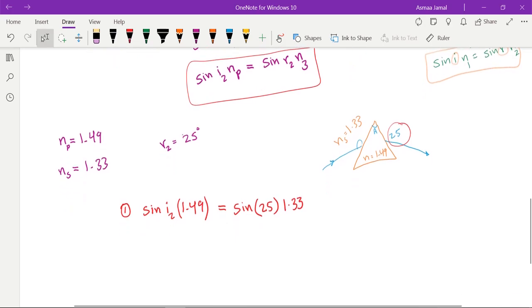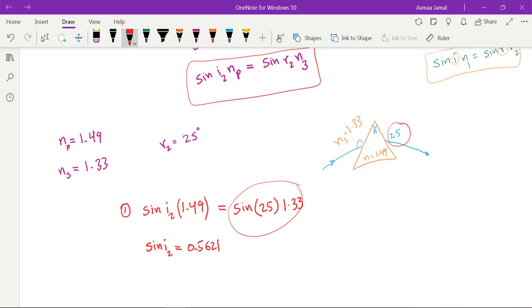So with calculation, here the result is 0.5621 over 1.49. After calculation, this one equals 0.3772. And the angle that has this sine is 22.16 degrees.